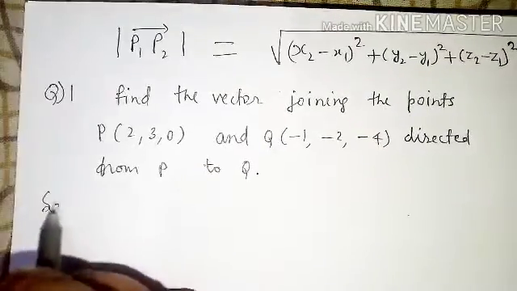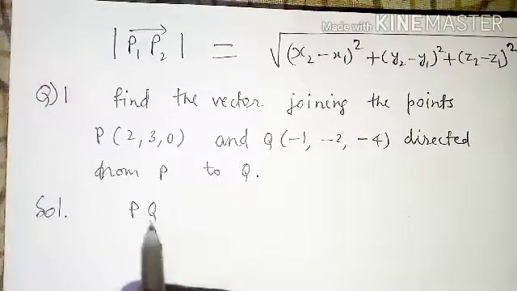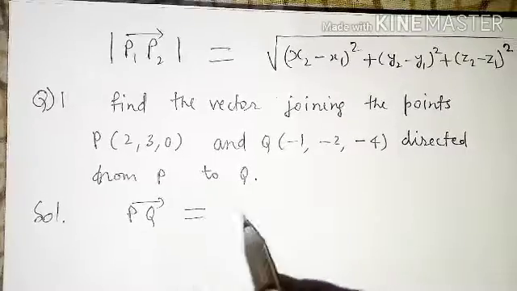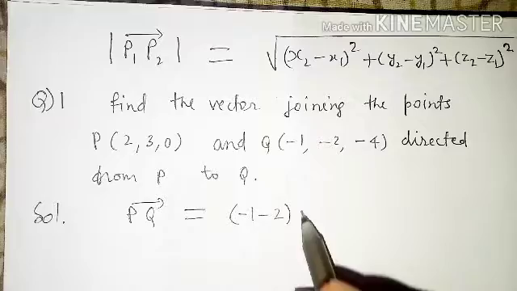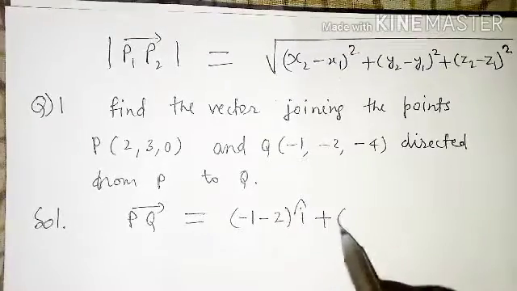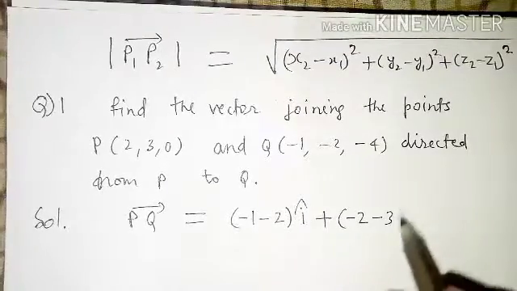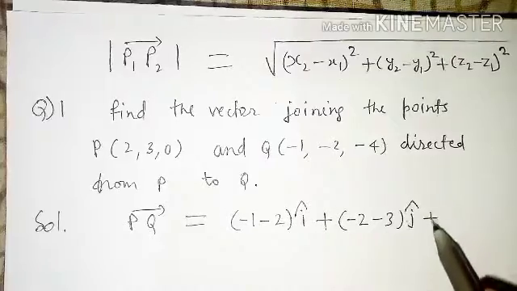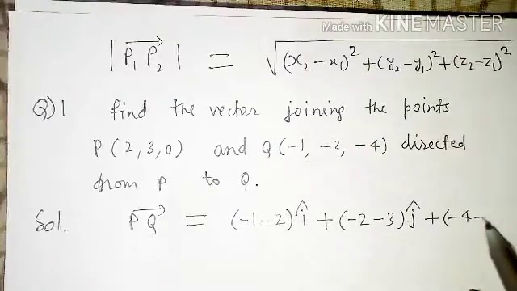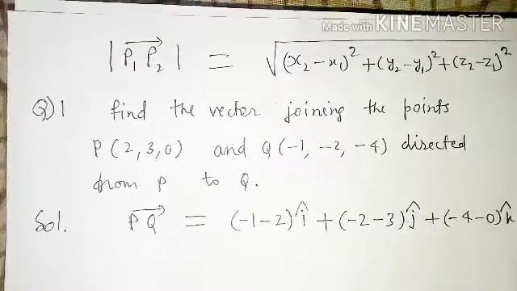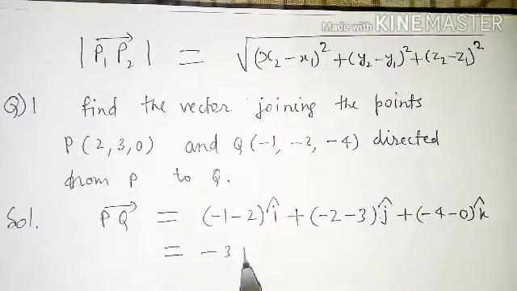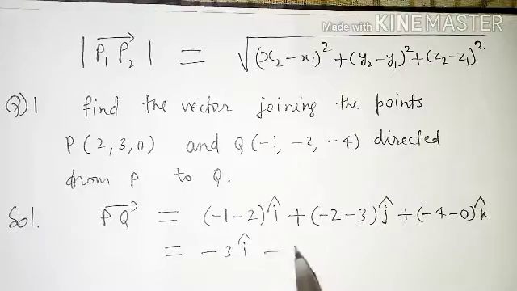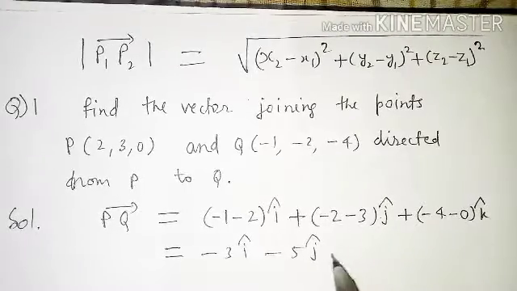So solution, vector PQ will be x2 minus x1, y2 minus y1, z2 minus z1: minus 1 minus 2 i cap plus minus 2 minus 3 j cap plus minus 4 minus 0 k cap. So we have minus 3 i cap minus 5 j cap minus 4 k cap.